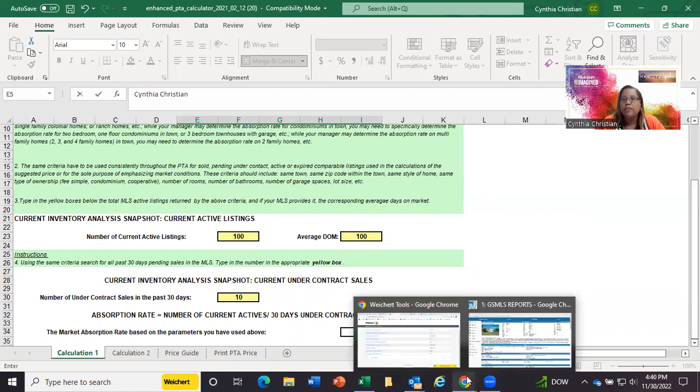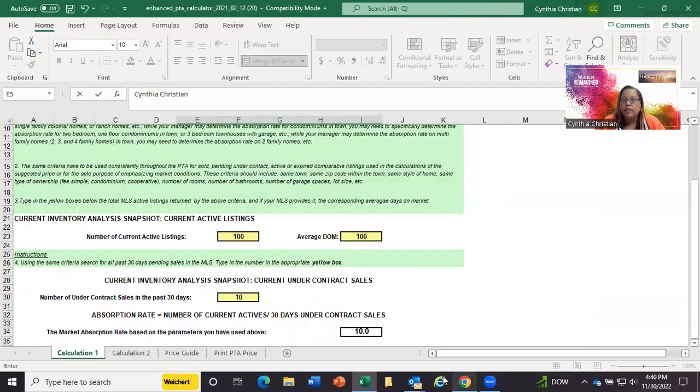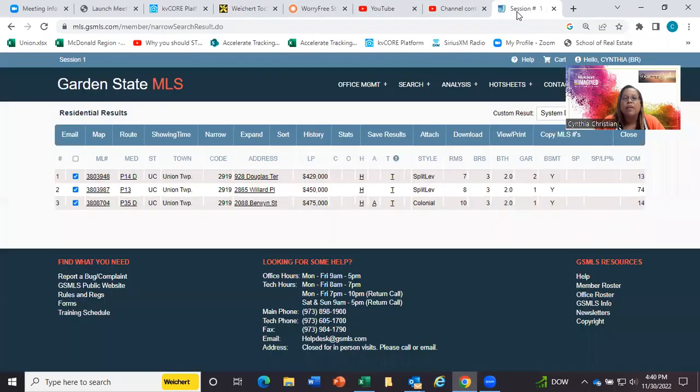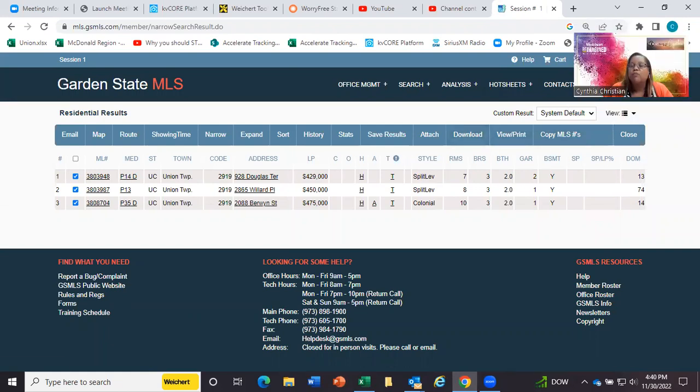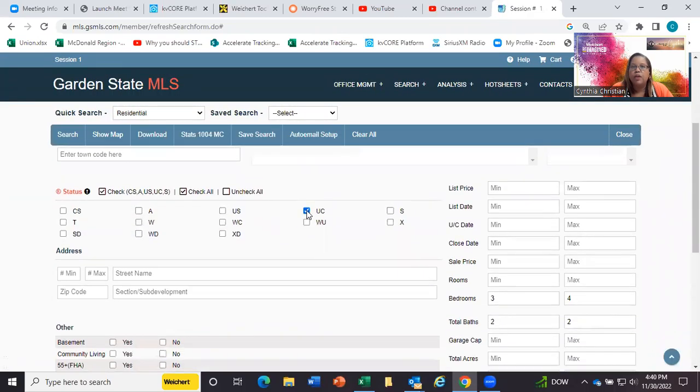So I always have the MLS open, so I can click back over in the MLS. Bear with me. Here we go. So I now want to see how many properties are available in Union. So I've got Union County, I have Union.